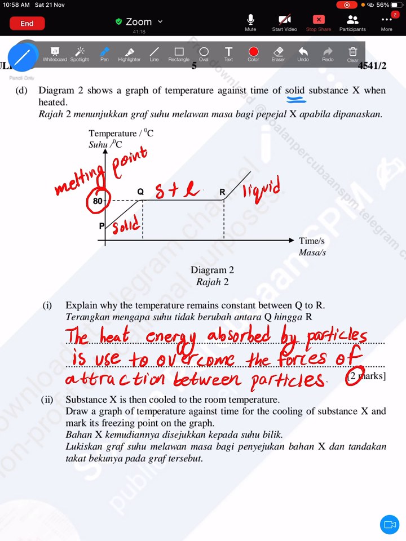Okay, 2 marks. So you remember, you absorb the heat energy to overcome the force of attraction.